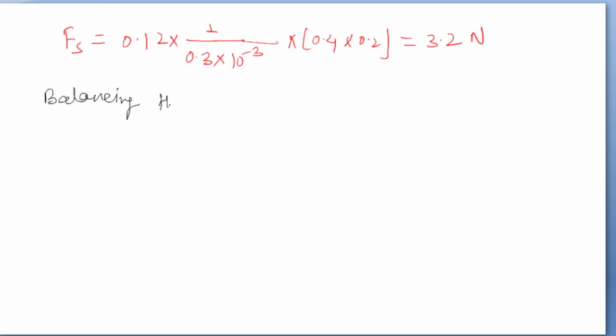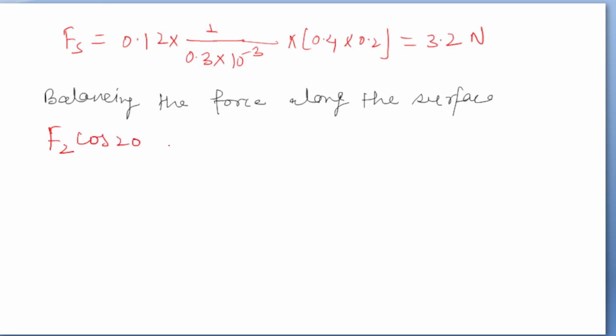F2 cos 20 minus shear force minus 160 sin 20 is equal to 0.